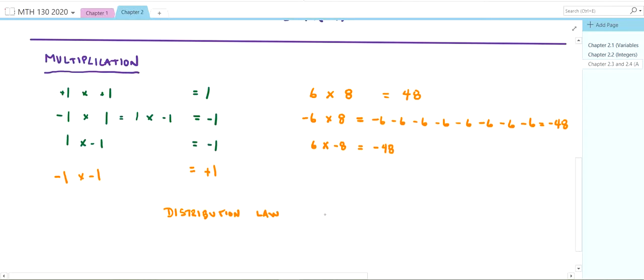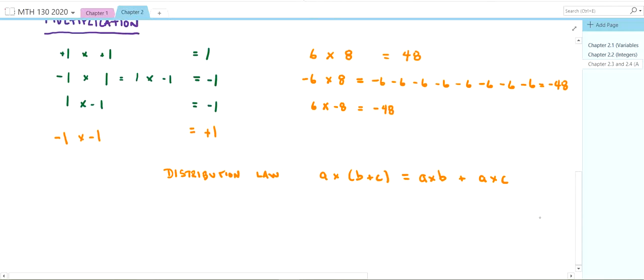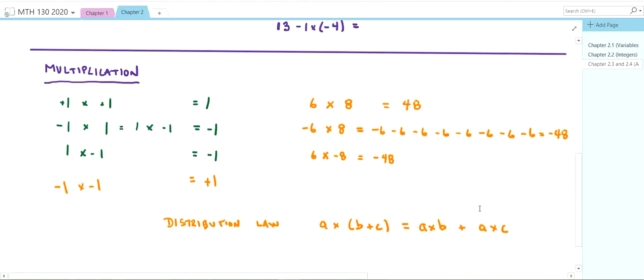Namely, A times (B plus C), something we saw earlier in the class, in the last chapter, is the same thing as A times B plus A times C.